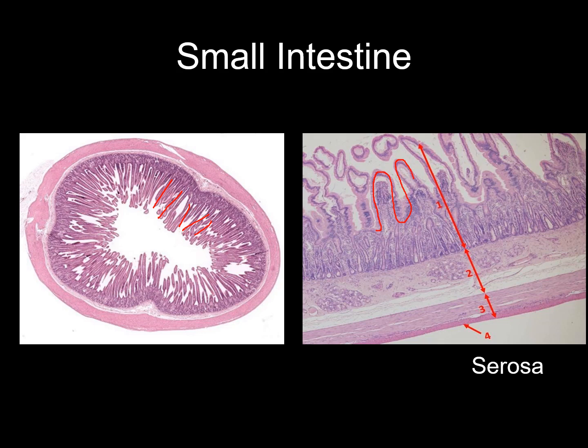So that's our columnar epithelial tissue. And then we've got that submucosa underneath and our layers of smooth muscle as well. Okay, and then so now that we're in the abdominal cavity, it's called the serosa on the outside. And if you notice, we were in the thoracic cavity with the esophagus, and that was the adventitia. So it just depends on, again, where you are in the body cavity.